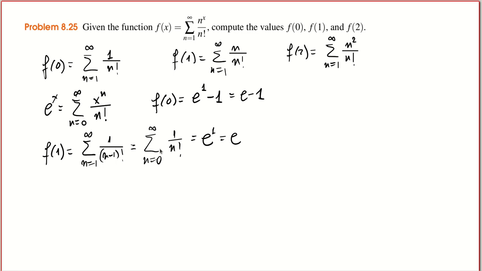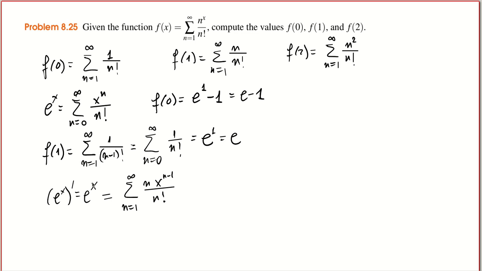There is another way. You take this series here, and then you take the derivative. The derivative of the exponential is, of course, the exponential. But the derivative term by term of this is, well, the derivative of the 0th term is 0 because it's a constant. But the others are n x to the n minus 1 over n factorial, from 1, because the term n equal to 0 disappears, since you're taking the derivative of a constant.